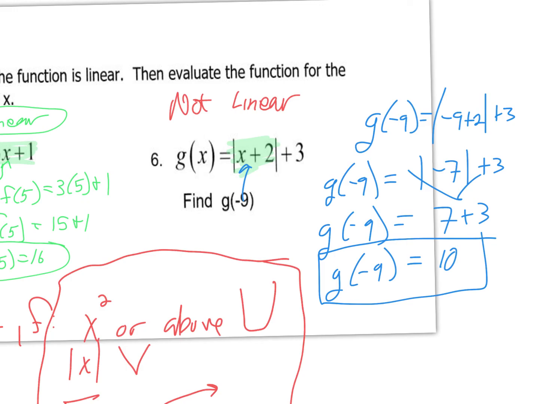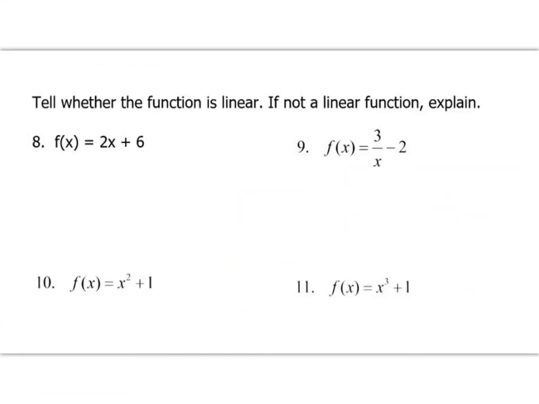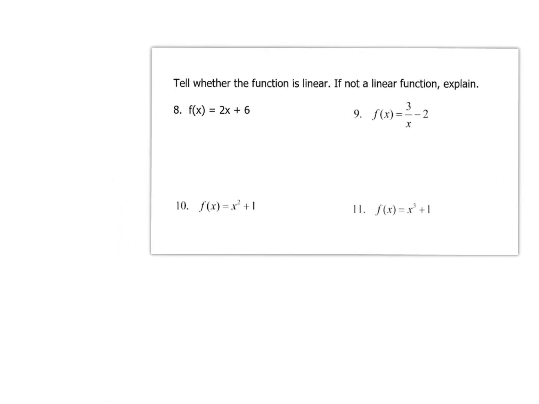All right, let's go on to the next one. All right, so here we go. Tell whether it's linear, and if it's not, explain why. All right, so for the first one, we're looking for, do I have any exponents? No. Do I have absolute value? No. Do we have radical symbols?